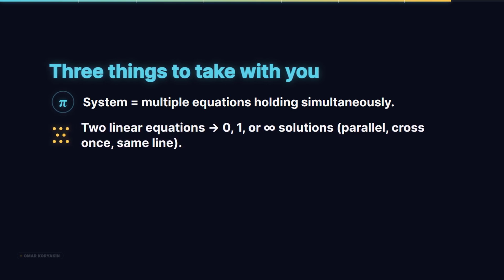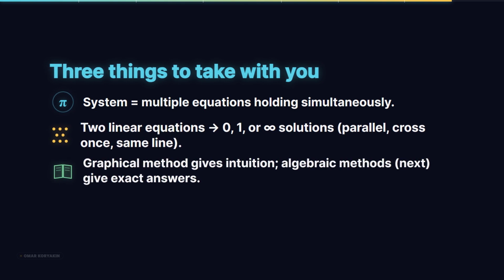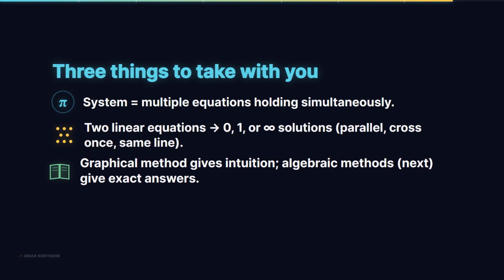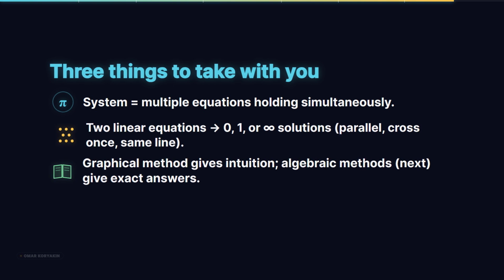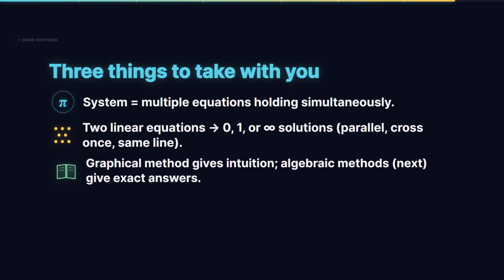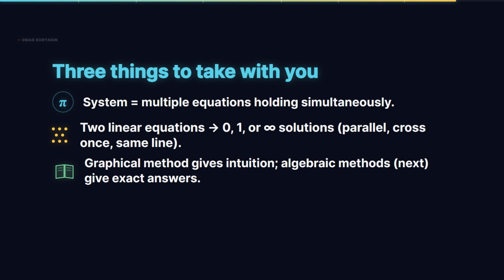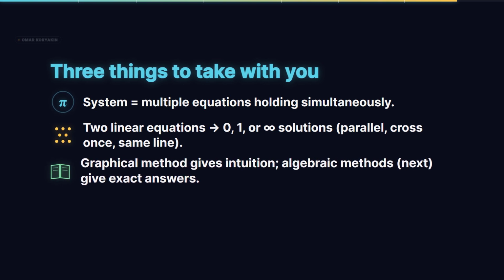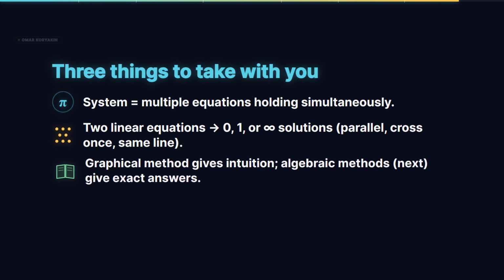work begins. Third, the graphical method gives an intuitive picture of the system but is limited in precision when intersections have non-integer coordinates. Always verify any proposed graphical solution by substituting back into both original equations to catch reading errors.